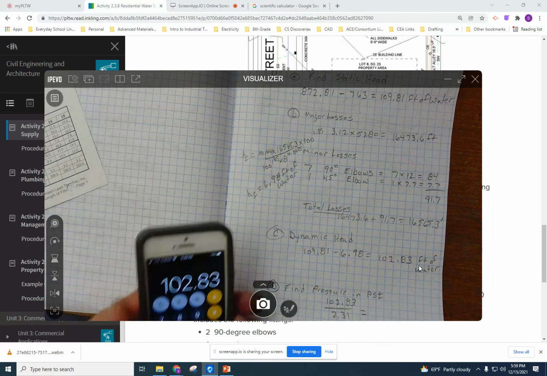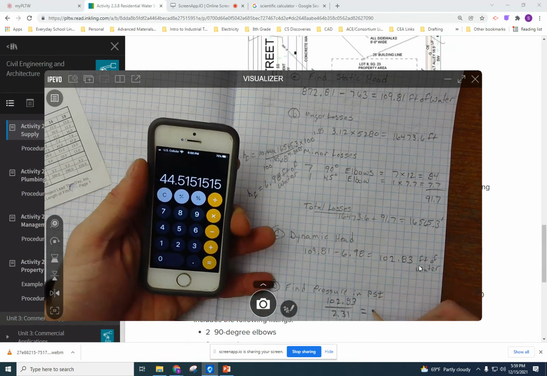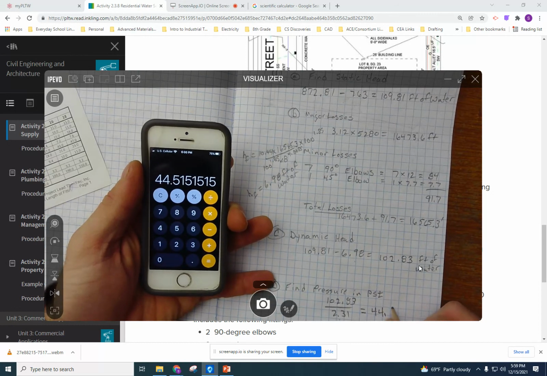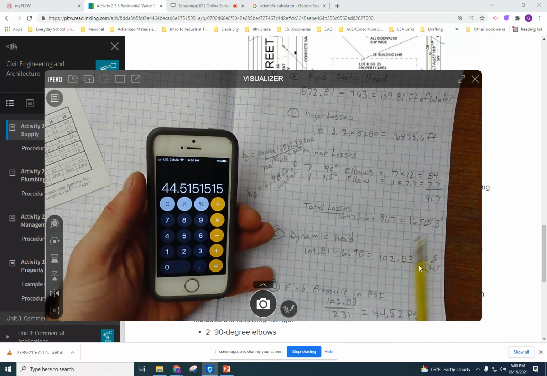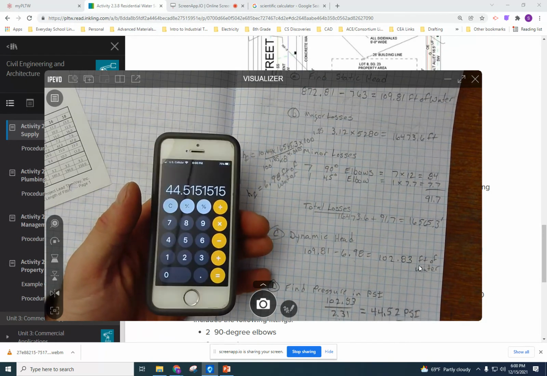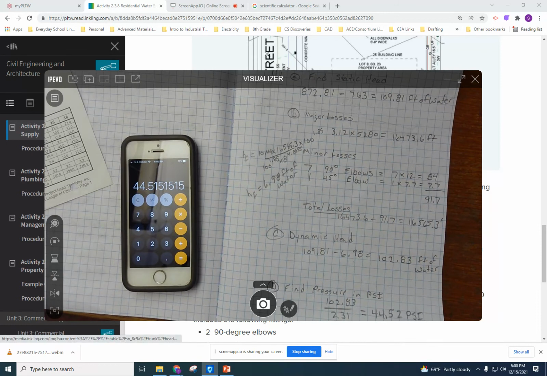So I just divide these out. So divided by 2.31, and I get 44.52 psi. So I'm going to have 44.52 pounds per square inch of pressure, 6 feet below 10th Street, which is what they asked me.